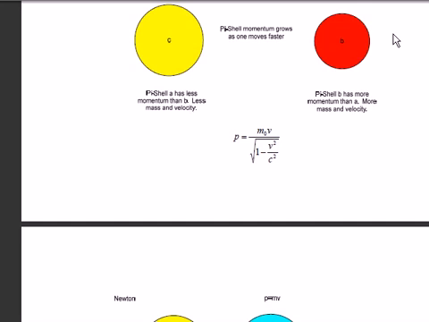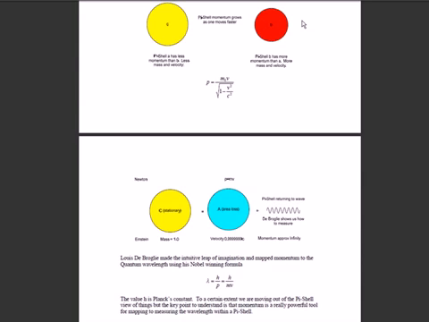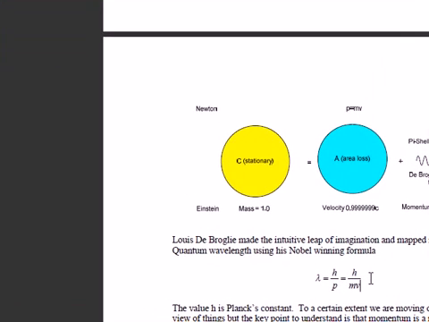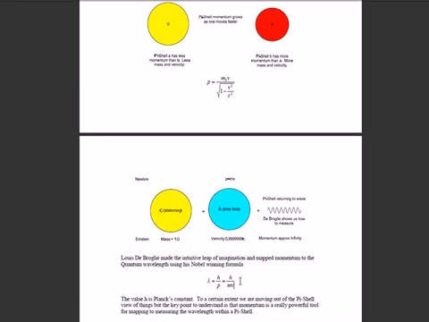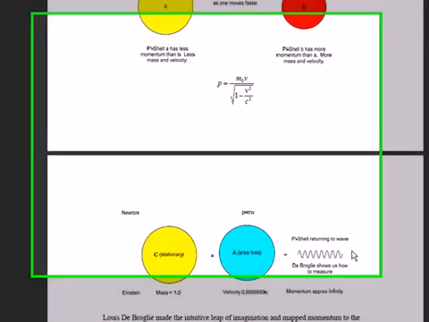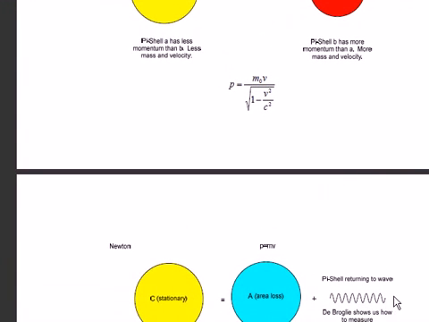So let me just double check that. Yeah, so if we look at this formula here, mv is larger divided by h, so the wavelength is shorter. So we can imagine as we move faster, the wavelength gets shorter. Okay, so that's how a pi shell goes from being very large to very small, and then you end up with these crested wave functions.